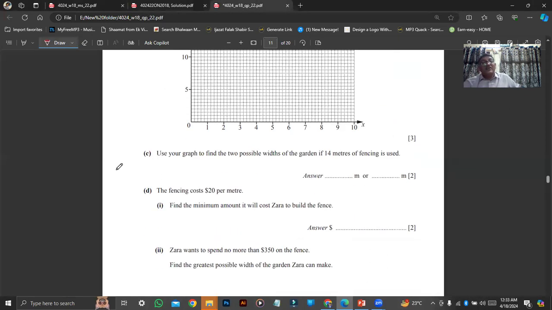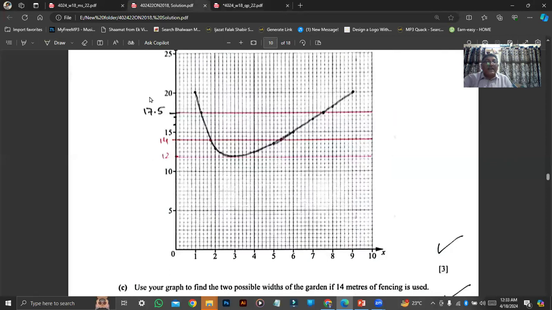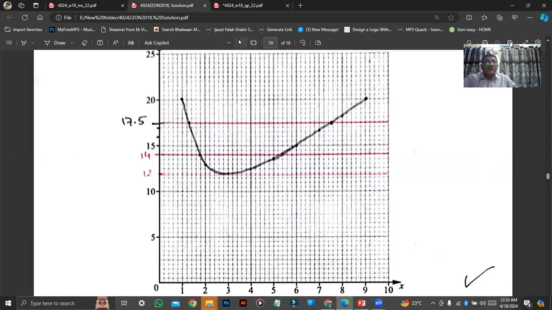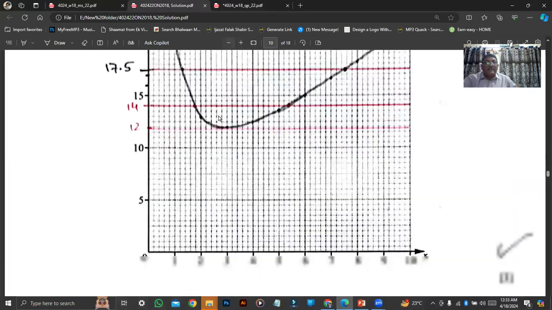Then he says, use your graph to find the two possible widths of the garden if 14 meters of fencing is used. The length of the fencing is represented on the y-axis. So on the y-axis, I will check where the 14 is, and from that I will go across the grid. From 14, I will draw this line.